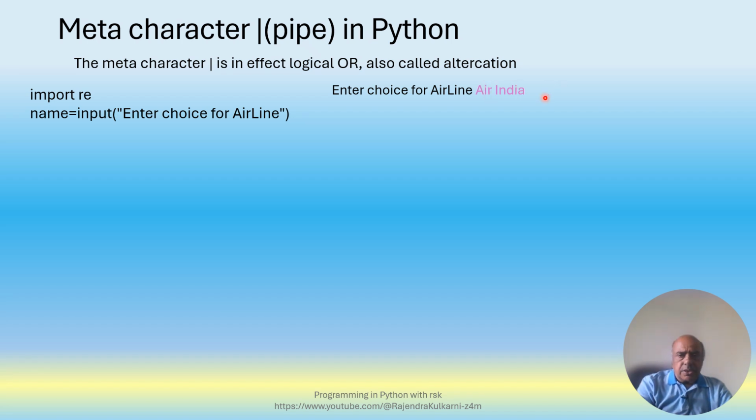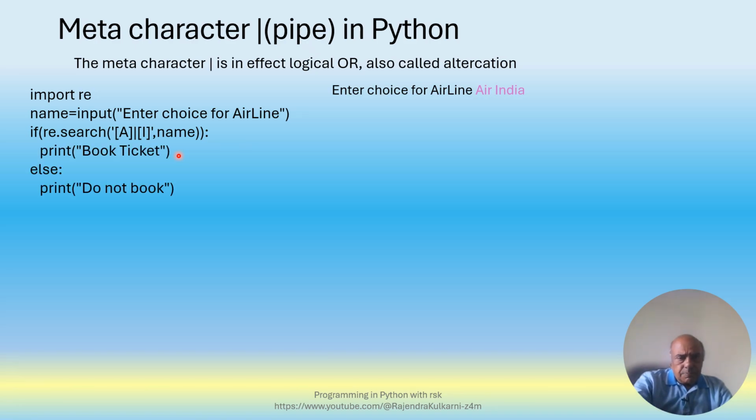I have given Air India as my choice, and my search criteria is if re.search contains A or I in the string name, then that meets my criteria, and I will print the output book ticket on the console.